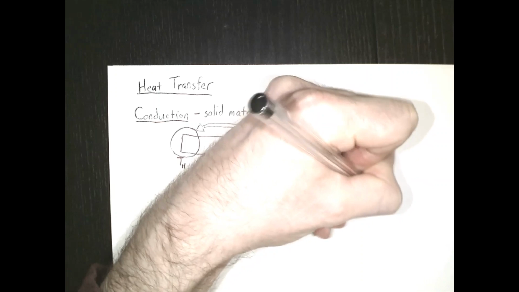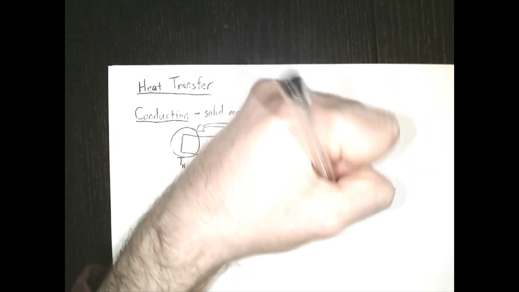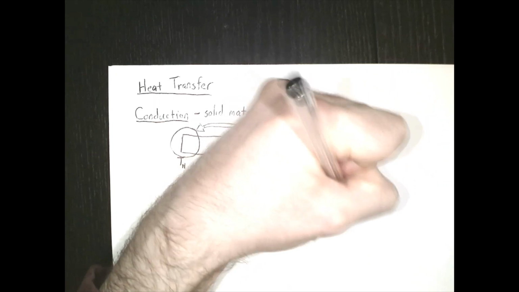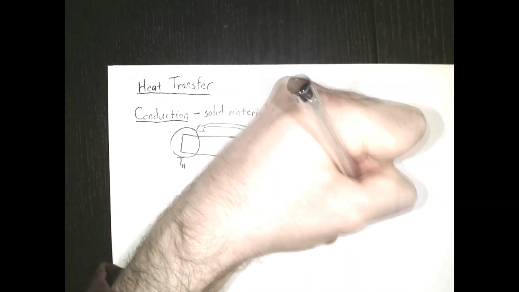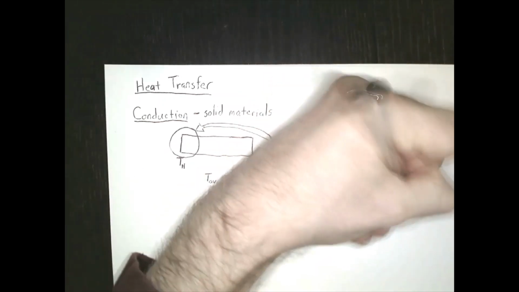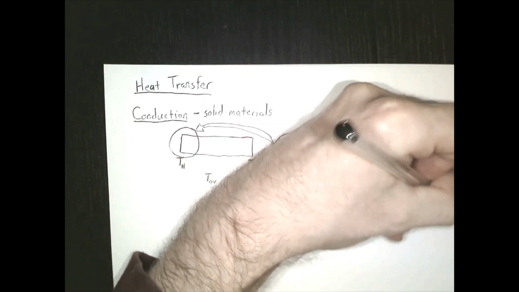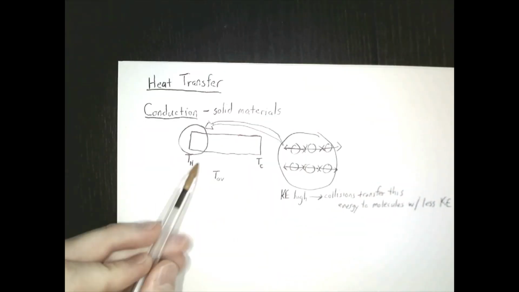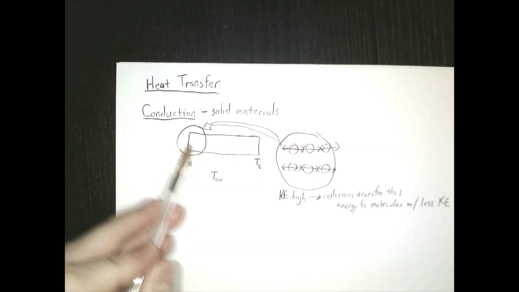collisions transfer this energy to molecules with less KE. And so it just moves down the line. These hot molecules are moving a lot.